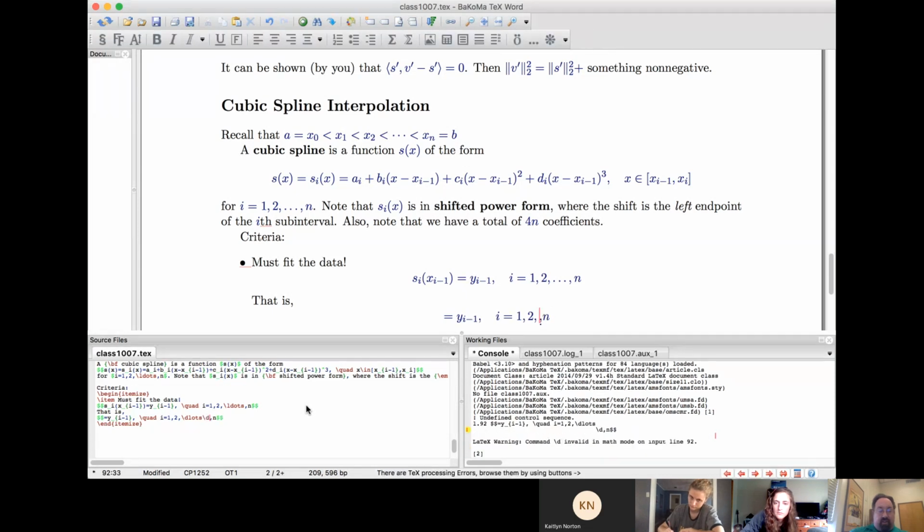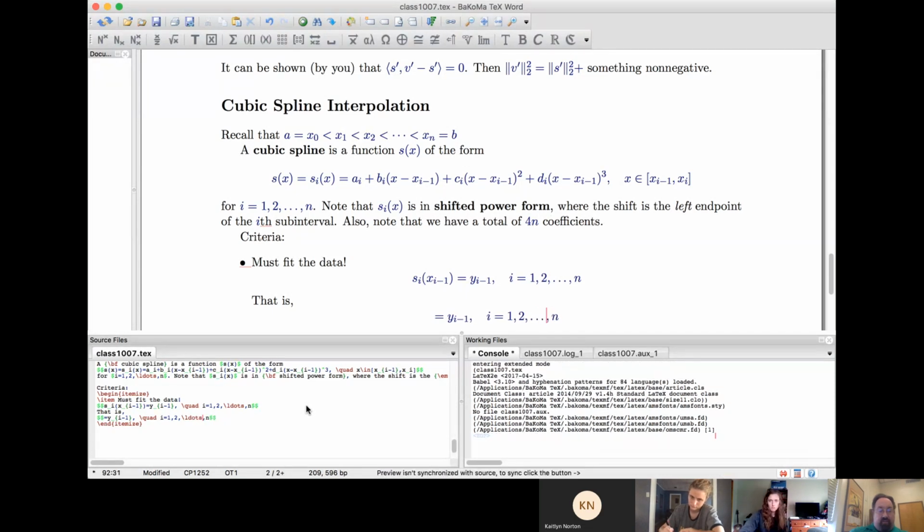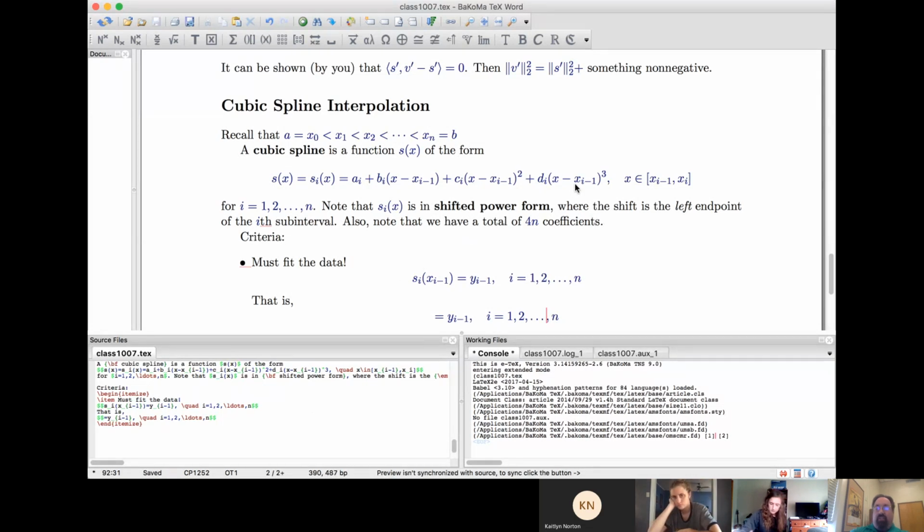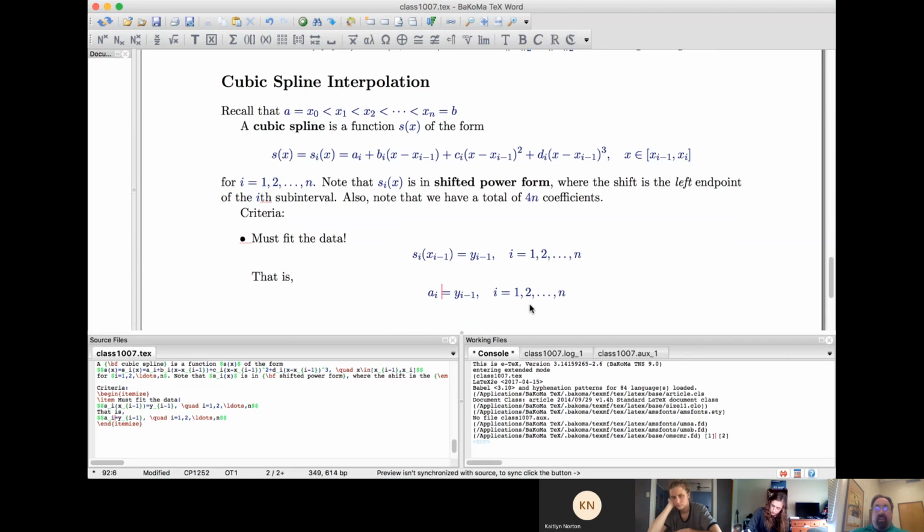Oh, very good. Yes, because all of these other terms will go away. That's an advantage of shifted power form. We can see right away the a's are already determined. Remember I said we had to specify 4n equations for these coefficients. Well, here's n of them right here. So we need 3n more equations to pin down the b's, the c's, the d's.